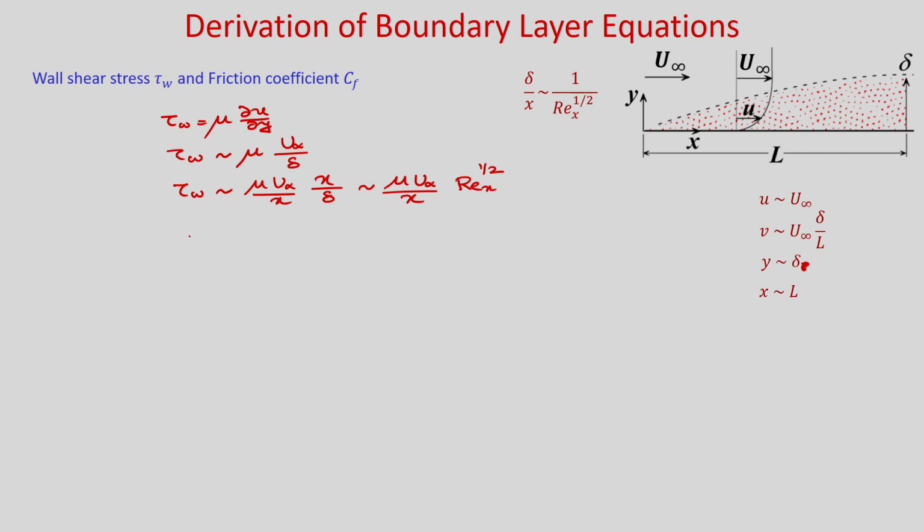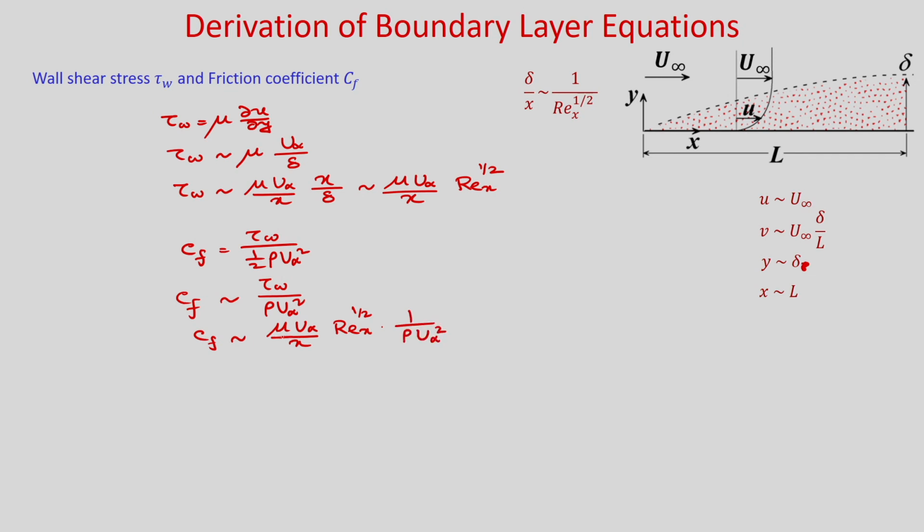So, if you see the order of C_f, it will be tau w by rho u infinity square. Okay. We will not consider the half because we are doing the order of magnitude analysis. So, tau w will be mu u infinity by x times Re_x to the power half, okay, and 1 by rho u infinity square.